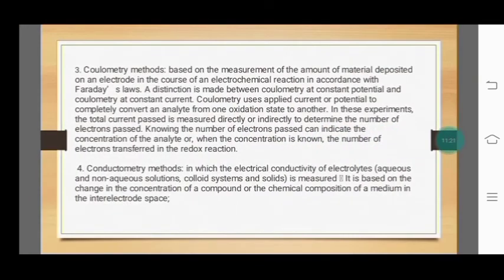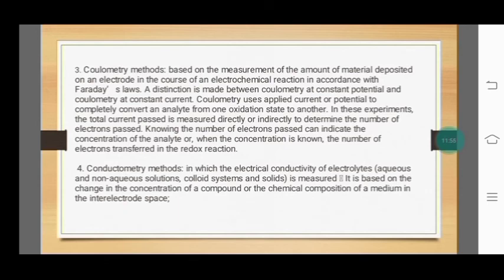Then coulometry methods, based on the measurement of the amount of material deposited on an electrode in the course of an electrochemical reaction in accordance with Faraday's law. A distinction is made between coulometry at constant potential and coulometry at constant current. Coulometry uses applied current or potential to completely convert an analyte from one oxidation state to another.